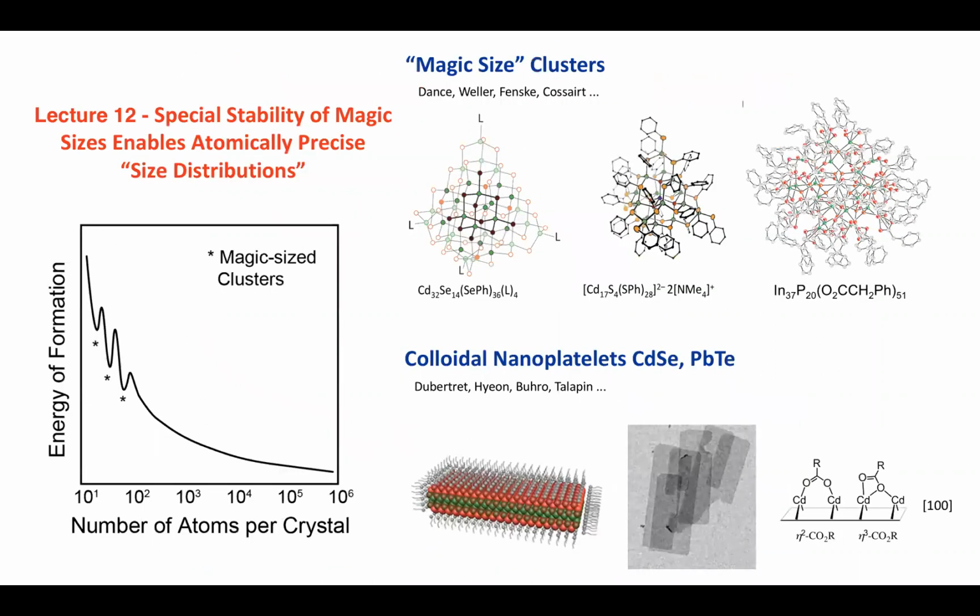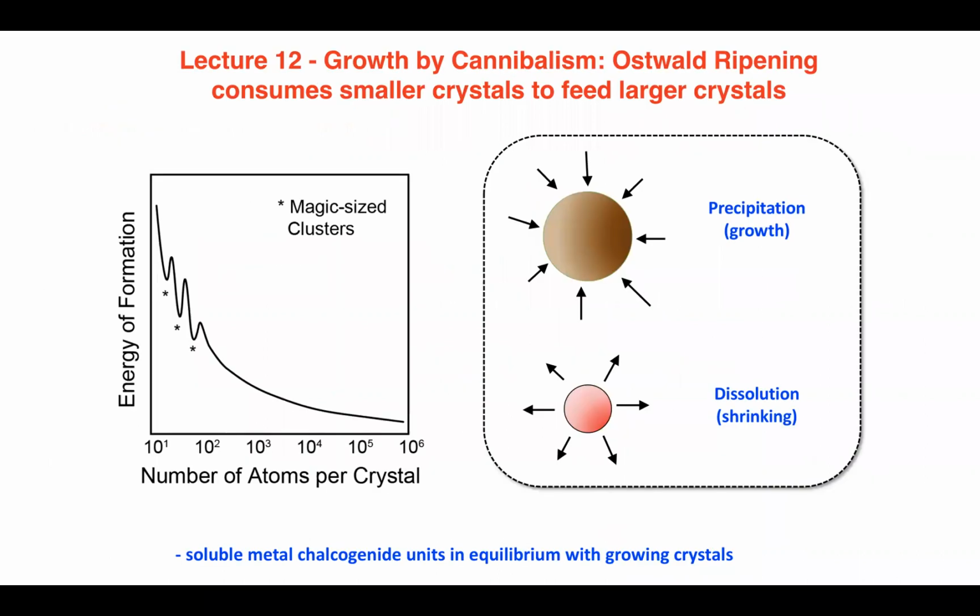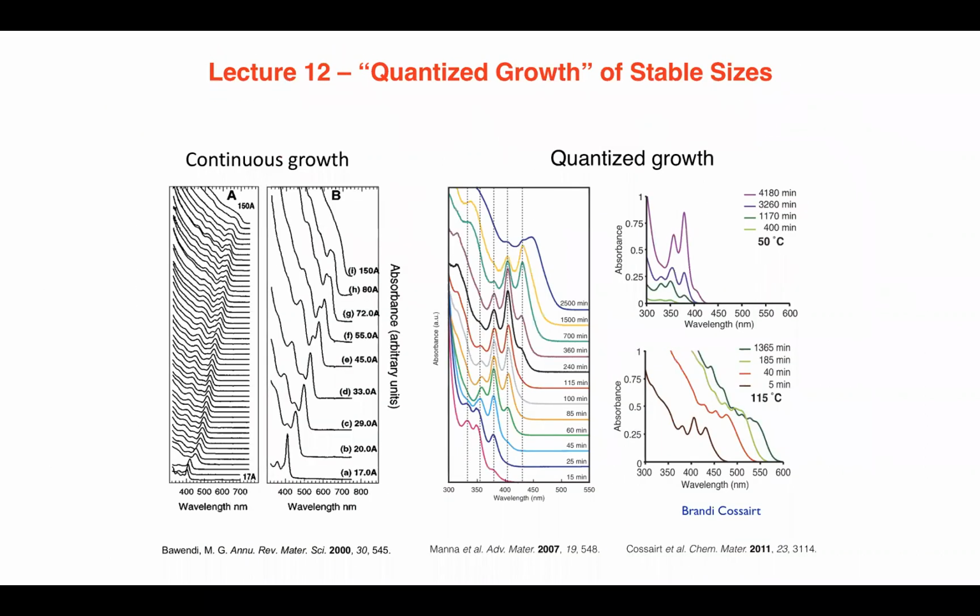So we're going to look at an example of that in the synthesis of clusters. Clusters are this unusual situation where the surfaces are especially stable. You get particular geometries and whatnot. We're going to look at an example of the Ostwald ripening of clusters here. Normally when you grow quantum dots, you can see evolution in size.